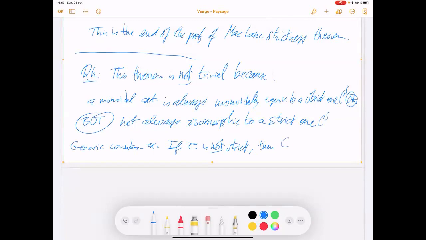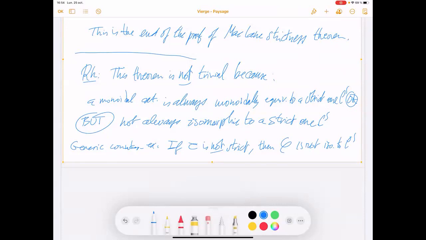Then C is equivalent to C tilde, but is not isomorphic to C tilde. So you just take a non-strict monoidal category, and you take the strictification, and it is monoidally equivalent to that, but not isomorphic.